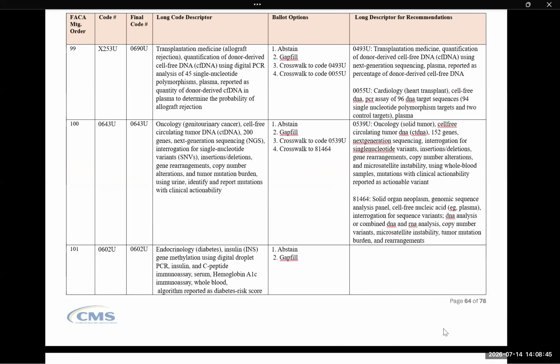Yes. So this code X253U now has the official code 0690U. We had a recommendation for a crosswalk on this code from one of the professional societies, with a crosswalk to 0493U. And the committee reviewed that recommendation, also looked at other potential crosswalk codes, and identified 0055U as a potential crosswalk code as well.